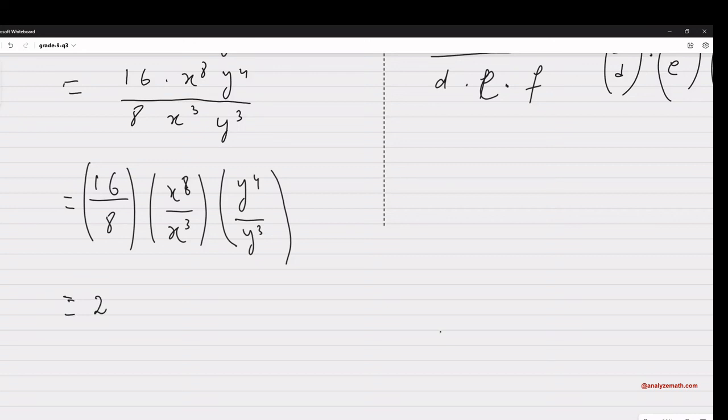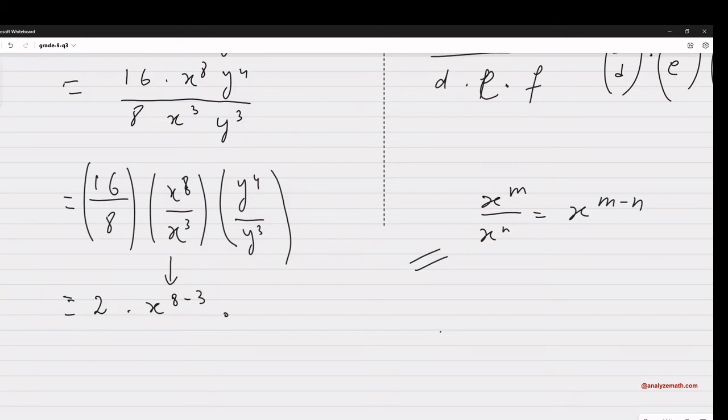Good. Now 16 over 8, that gives me 2. Now another rule again to simplify the ratio of two exponents. x^m divided by x to the power n gives me x to the power m minus n. So I apply this formula here. That's going to give me x to the power 8 minus 3.